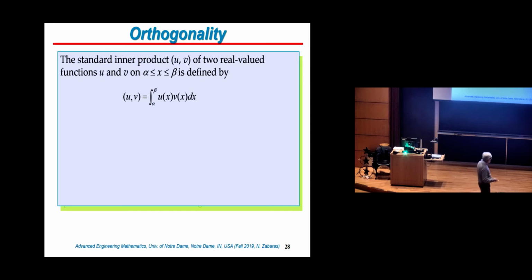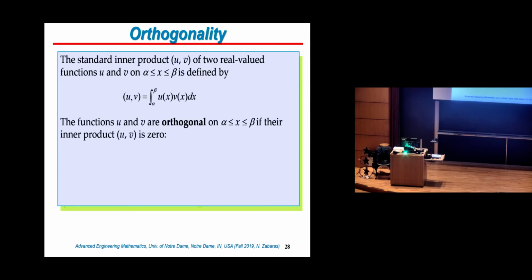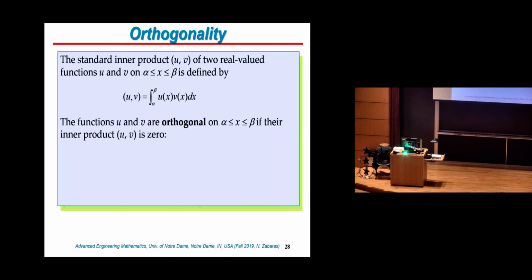First, let me remind you of orthogonality. Again, this is a generalization of a concept we learned in linear algebra. If we have two functions, u and v, defined in an interval a to b, we define the inner product of the two functions to be this integral. For vectors, we had u transpose v.